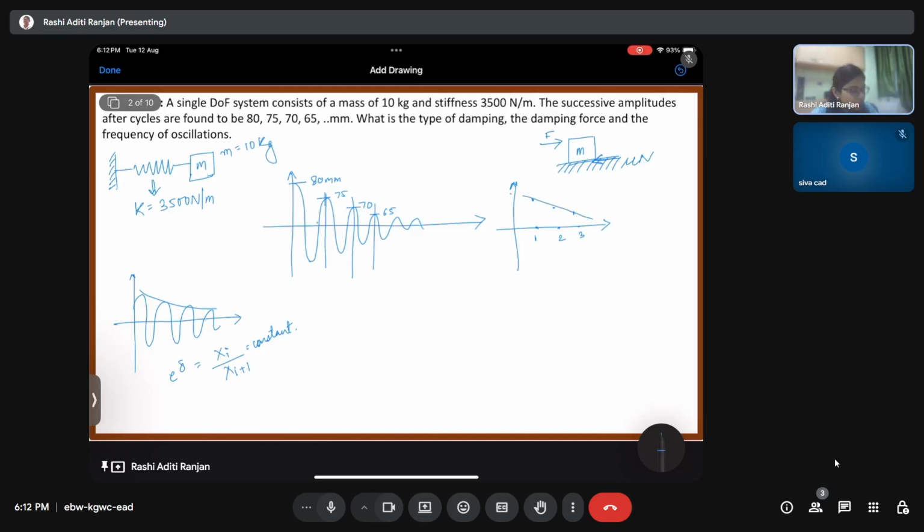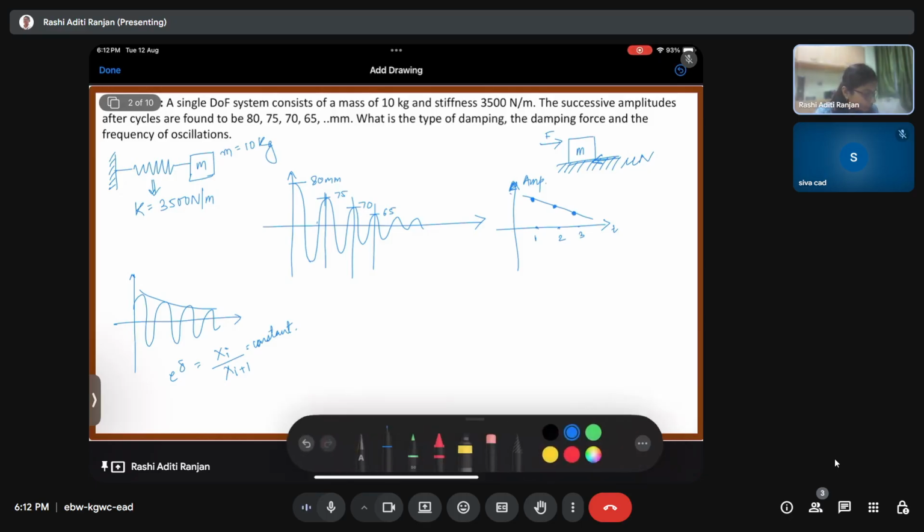You're going to get a straight line. And if you remember that for a, I should make it over here also. It will be clear then.